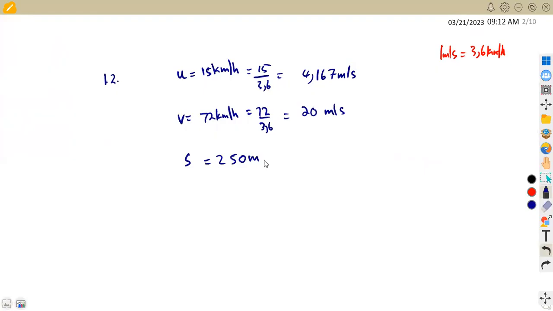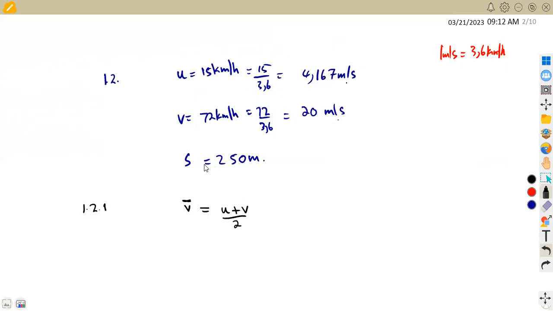From the information that we have, take note, guys, this is for linear motion. The first part of the question is to calculate the average velocity. The average velocity can be taken from U plus V over 2. That is the average for the given velocities. You add the initial to the final velocity, divided by 2. It's required in meters per second.